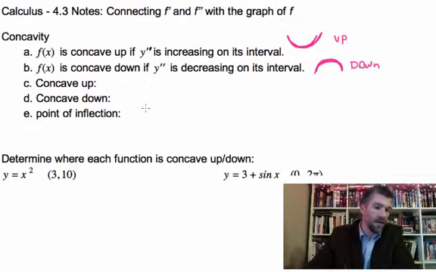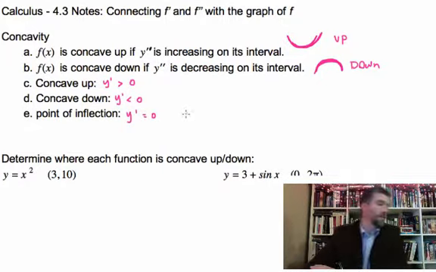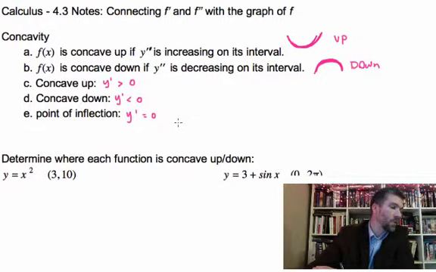So concave up happens when y prime increases. So when y double prime is greater than 0. Concave down happens if y prime decreases, okay? And you have a point of inflection when y double prime is equal to 0.